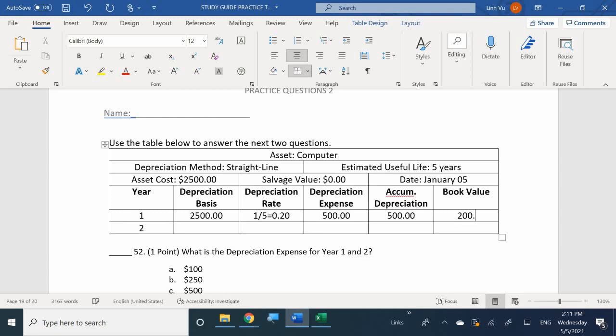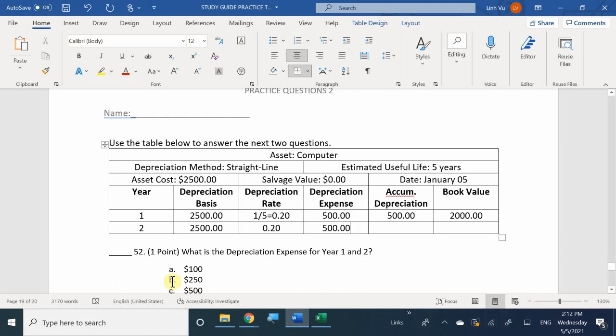$2,000. Now, if you remember, what do we know about straight line? Depreciation basis and the rate stay constant. And what else stays constant? The expense also stays the same. So the question asks here, what is the depreciation expense for year 1 and year 2?